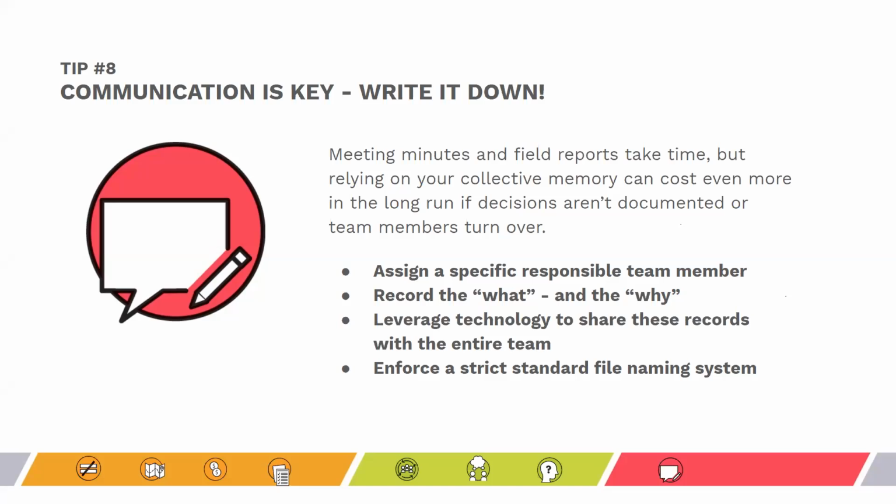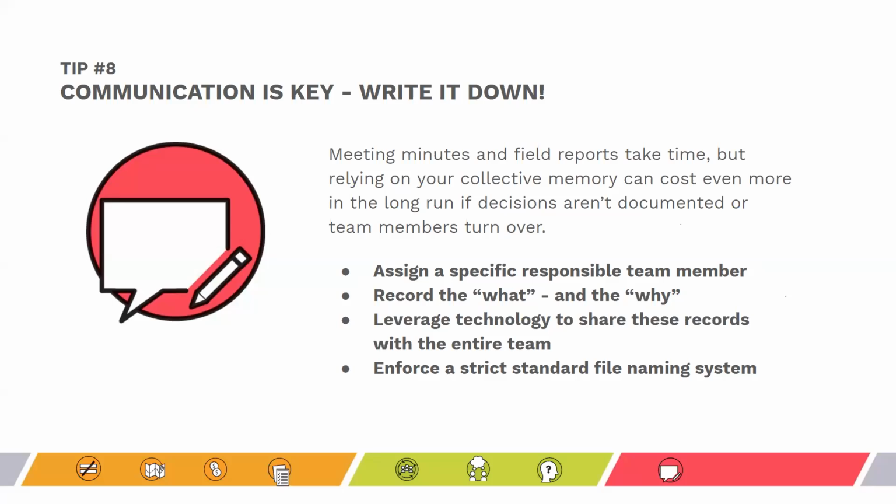It might be useful to leverage technology. Dropbox and Google Drive are 2 great platforms to share these records, the most current drawing set, and progress photos with the entire team. Meeting notes are most useful when people can all access and reference them really easily.